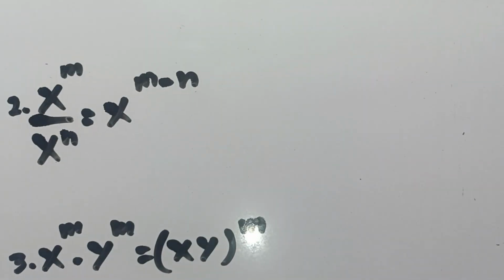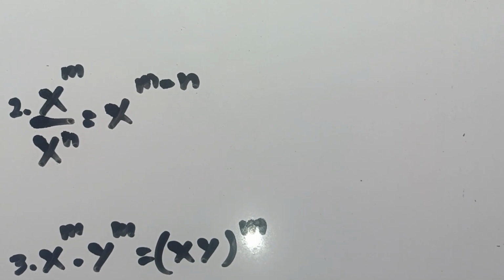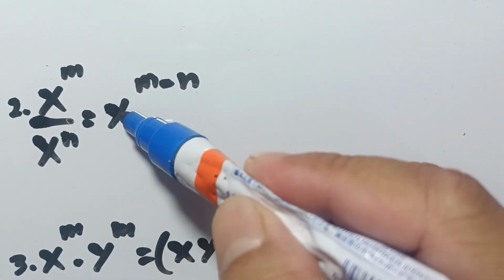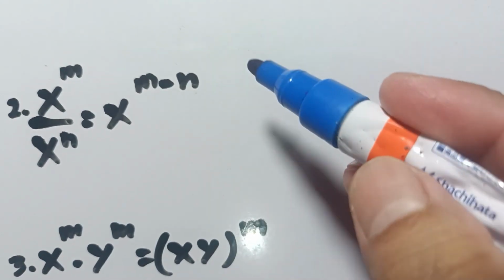And number 2, law of exponent: x to the power m divided by x to the power n is equal to x to the power m minus n.